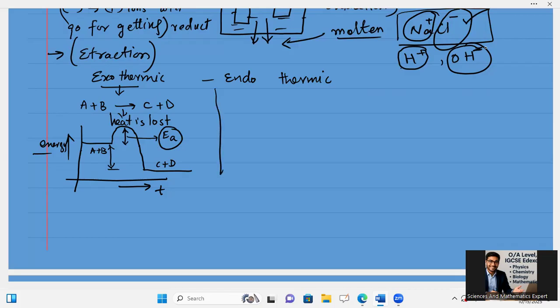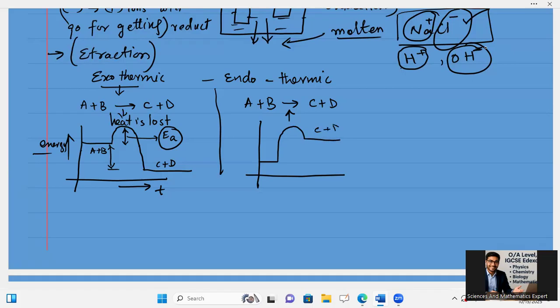In the case of endothermic reactions, when A plus B as reactants react with each other to make C plus D, you will have to give in heat. Heat is given to the reaction. If we draw the energy diagram, the reactants are at a lower level. You provide them a high activation energy, but the products have more energy than the reactants.